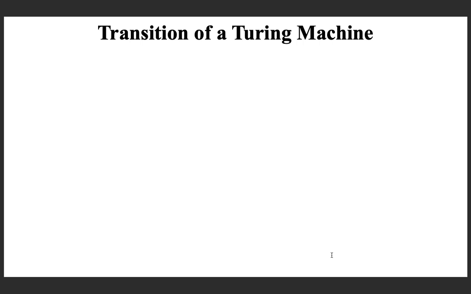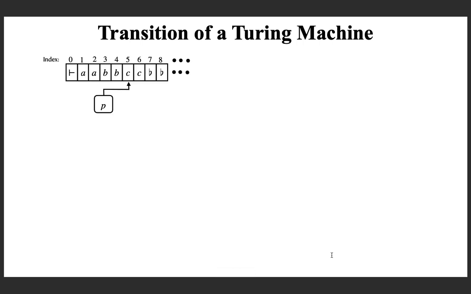So now we looked at the configuration and we formally defined it as a triple. Now look at the transition function in a Turing machine that we have already discussed. Given this configuration, you need a transition function from the state P for the input symbol c.